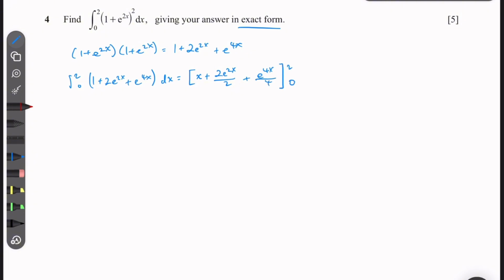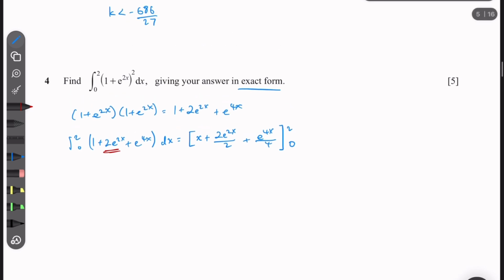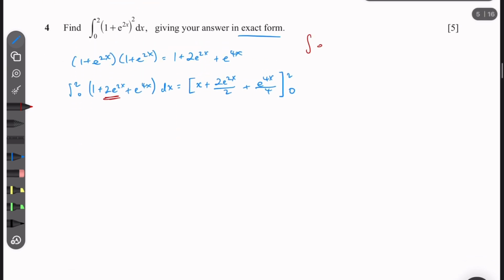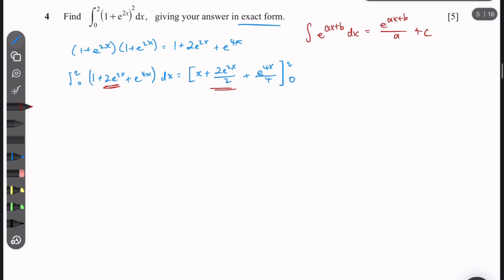Okay, so to integrate this part, we can actually use this rule, which is ax plus b dx equals to this. So we can just apply this rule and then get this part.